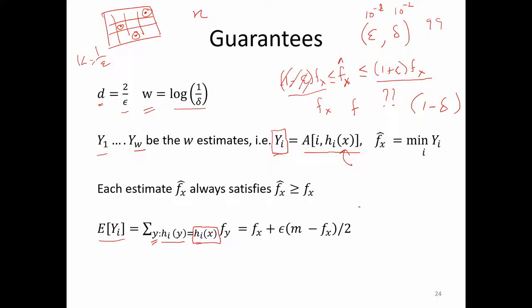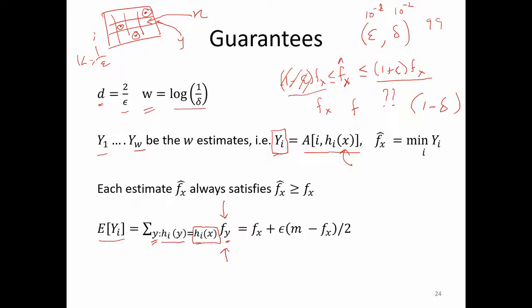Suppose we are looking at the ith row and x is mapping to this cell. We are looking at all y's which are mapping to this cell and seeing their count. So yi is going to be just this. Here the expectation is over which elements are mapped to this cell, but once one maps, it is going to count the frequency of that particular y also.